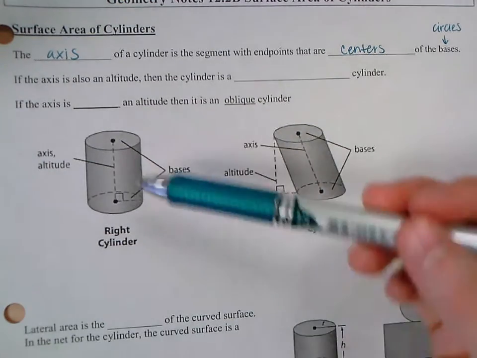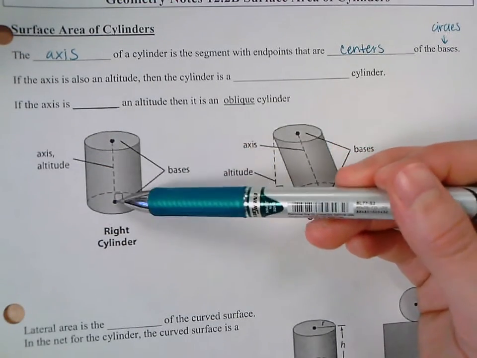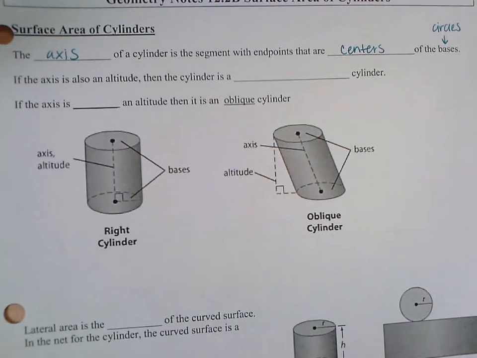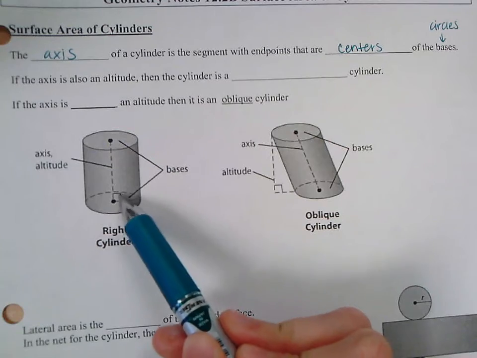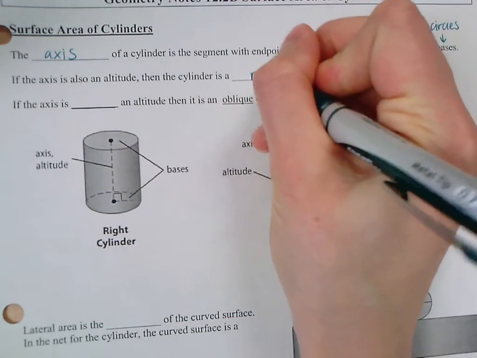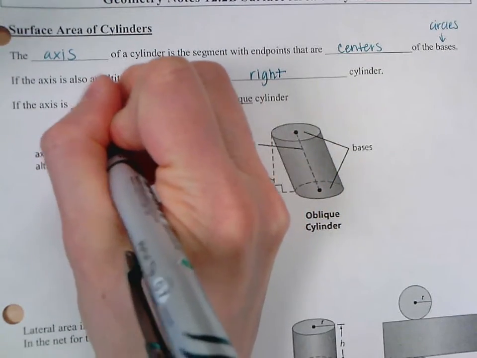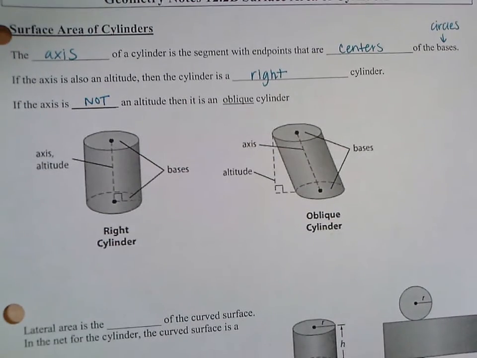It shows two different cylinders down below, so you can see the center points of each base, and the segment that connects them, that's the axis they're referring to. If the axis is also an altitude, so it's perpendicular to the bases, the cylinder is a right cylinder. And if the axis is not an altitude, then it is an oblique cylinder.